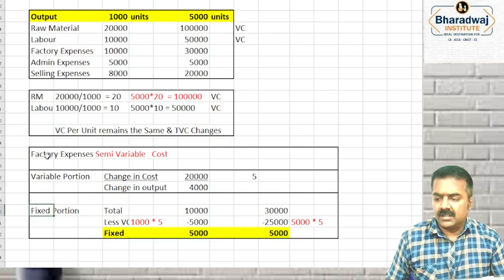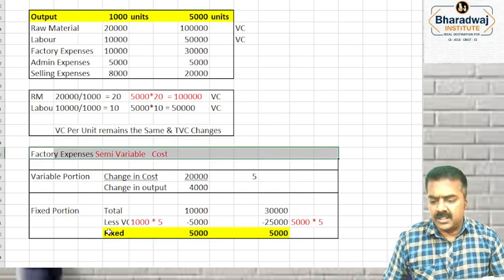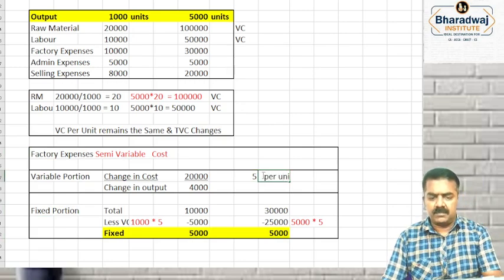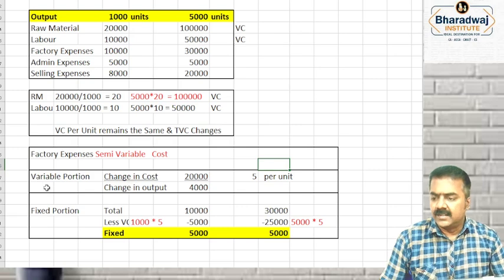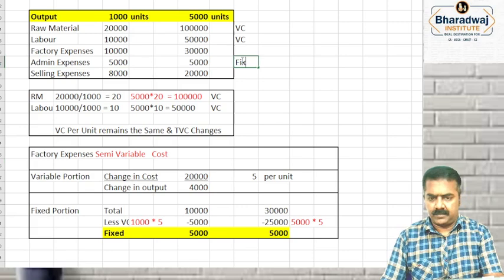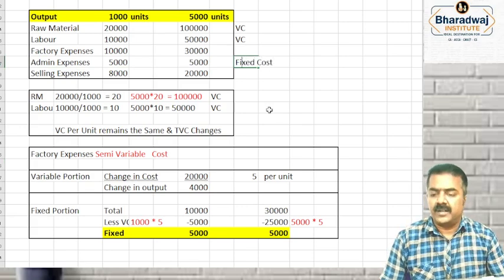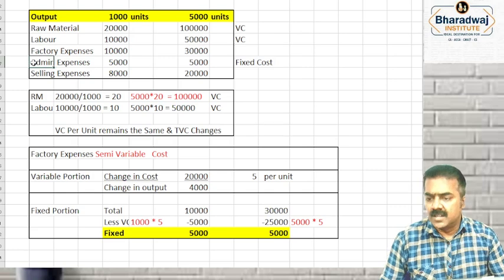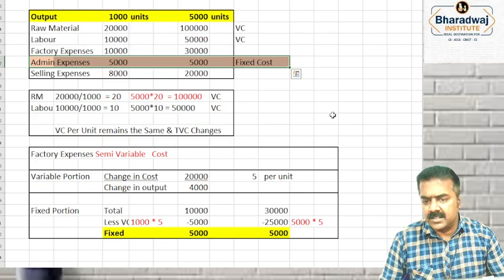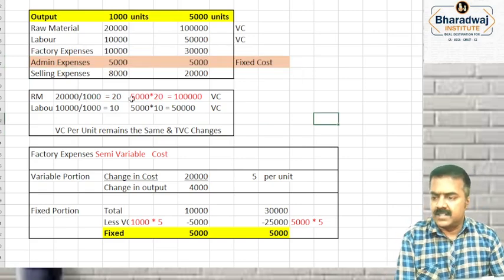So for factory overheads, the fixed portion is 5,000 and the variable portion is 5 rupees per unit. Then administrative expenses, we know it is fixed. No need to work it out. Why? Because whatever the output, the cost remains the same. It becomes a fixed cost.